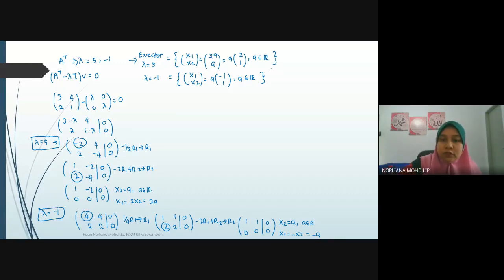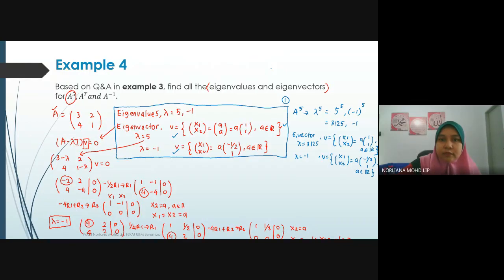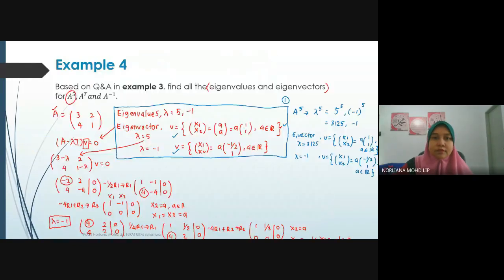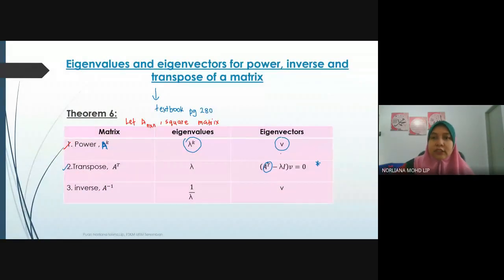Okay, sebelum ni apa? Negative 1 over 2 and 1. Dia ada berubah lah kan untuk yang ni. So ni jawapan untuk eigenvector and eigenvalues for transpose of a matrix, A transpose. Korang kena ingat lah yang ni kan.